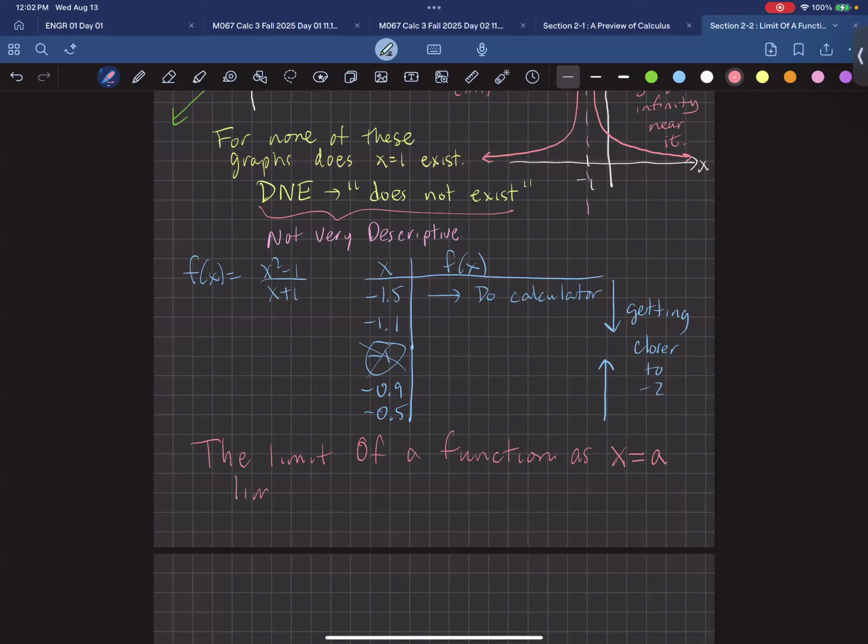We say the limit as x approaches a of f of x equals L, which is the value it is getting close to. And L is the limit.